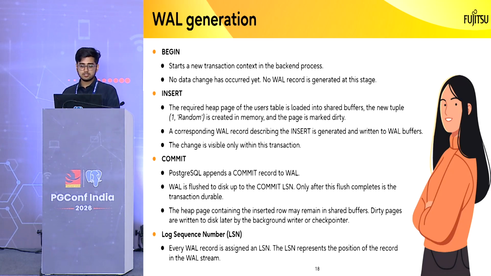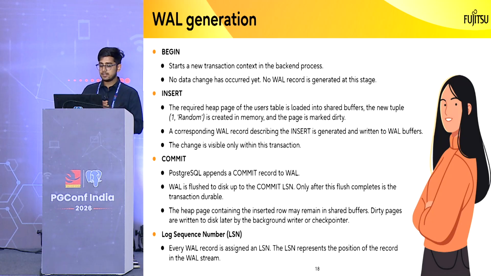The heap page on which we inserted the rows in the shared buffer is written to disk at a later point of time by the background writer or the checkpointer process. For each WAL record, an LSN value, that is log sequence number, is assigned, and it helps to identify that particular record in the WAL stream.